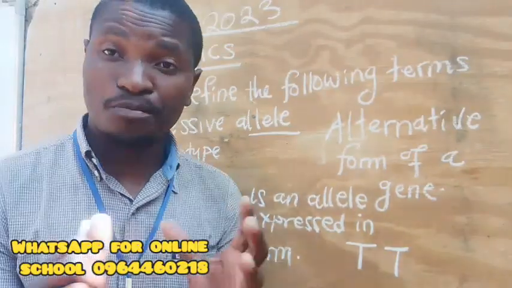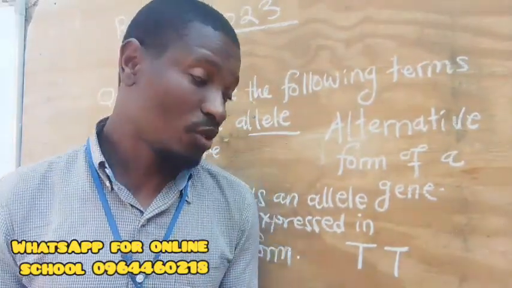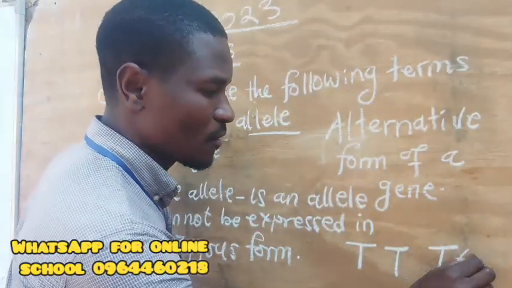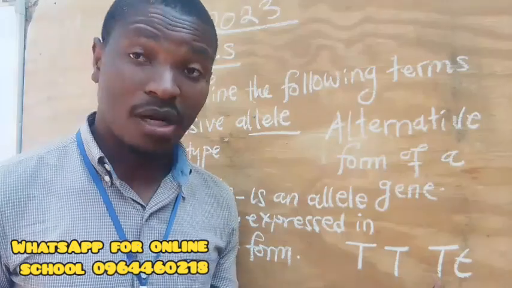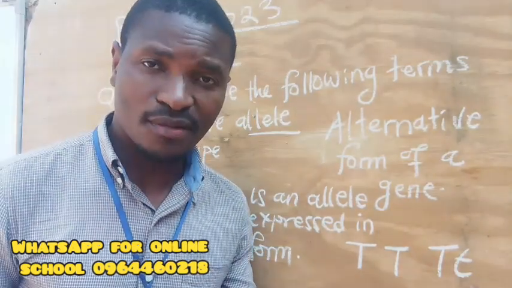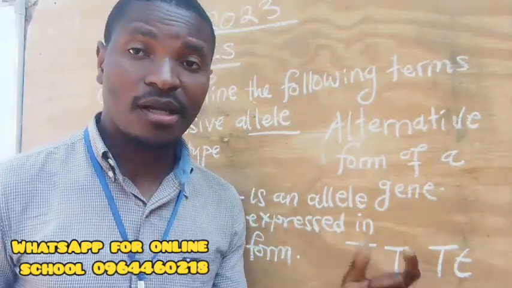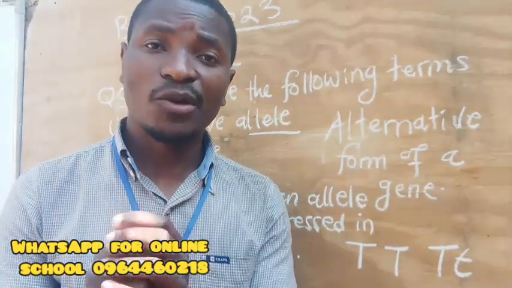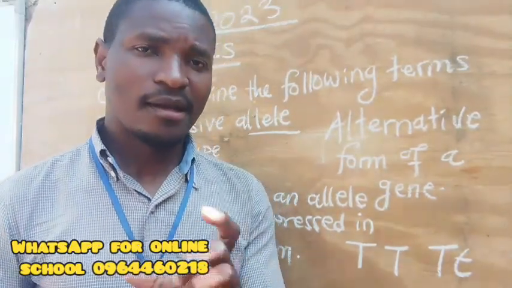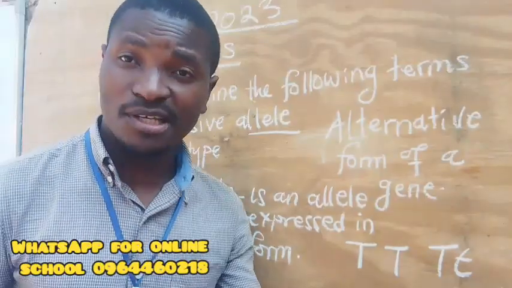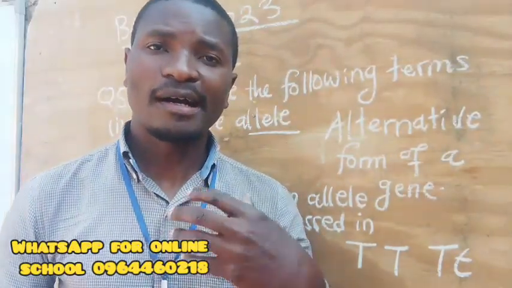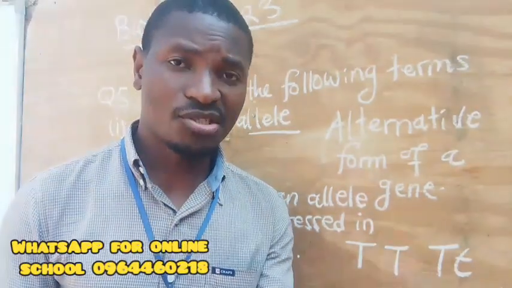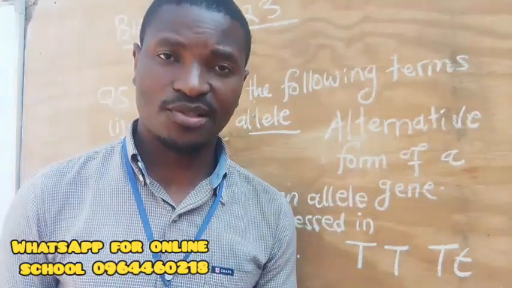This is pure tall. Now if I say capital T, small t, a capital letter represents a dominant gene and a small letter represents a recessive gene. This kind of representation is what we call alleles, representing the gene for tallness or shortness.